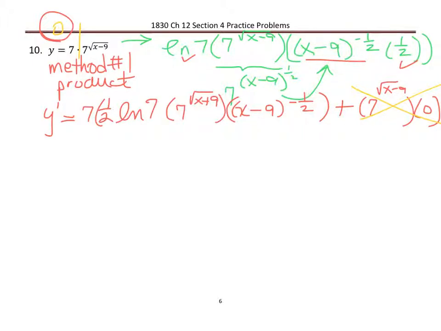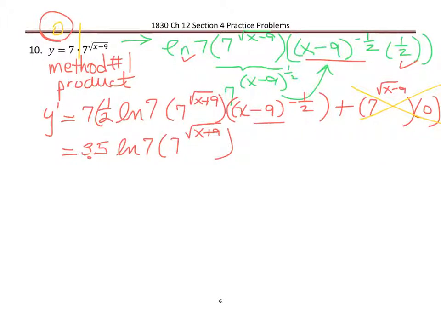And you can clean that up to look a little bit better. 7 times 1/2 is 3.5, or 7/2 if you want to keep the fraction. Times the natural log of 7 times 7 raised to that same power.